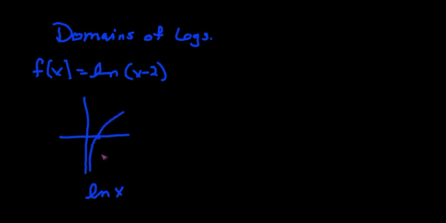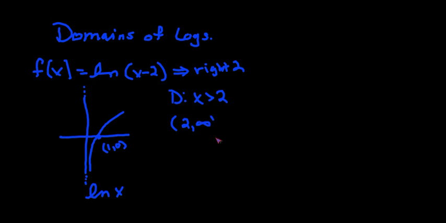It's going to go through 1, 0, and my y-axis is my asymptote. So remember, this tells me, hey, everything's going to move to the right 2 spots, including my asymptote. So if I go to the 2 to the right, that's telling me that my domain is going to be all x's greater than 2, because we can't touch that vertical asymptote. So in terms of interval notation, we would say 2 to infinity would be my domain.